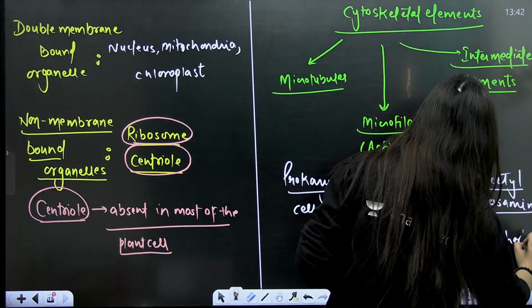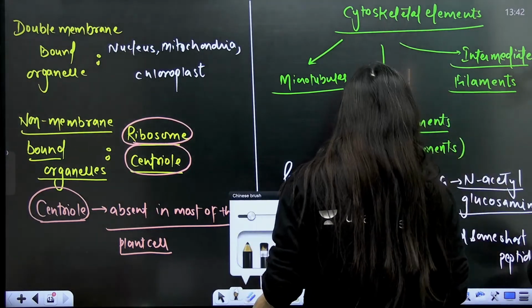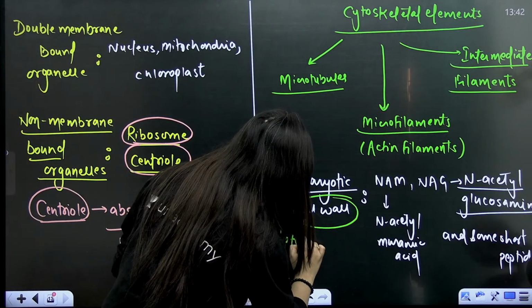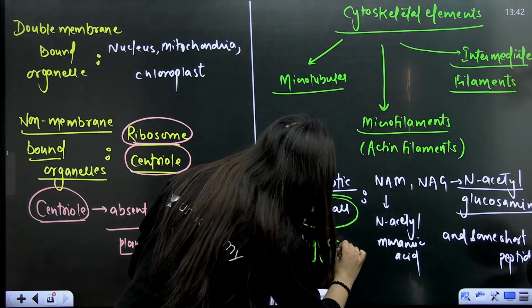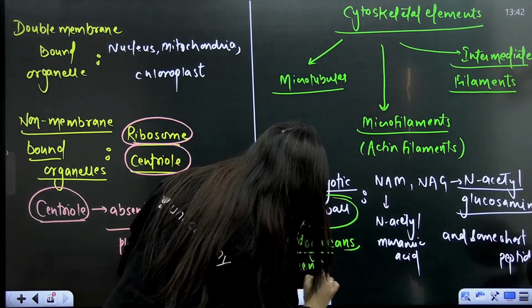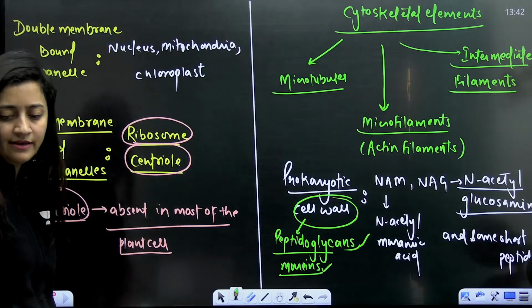So basically in the bacteria, we say that the cell wall is having peptidoglycans, which are also known as murines.